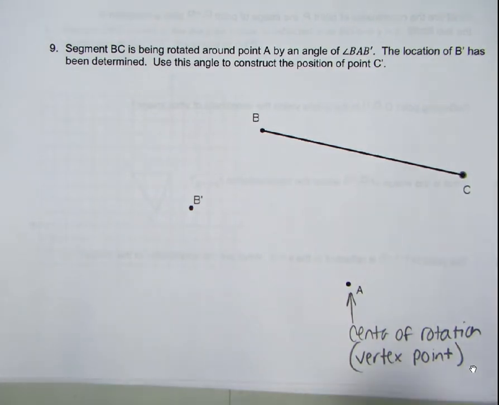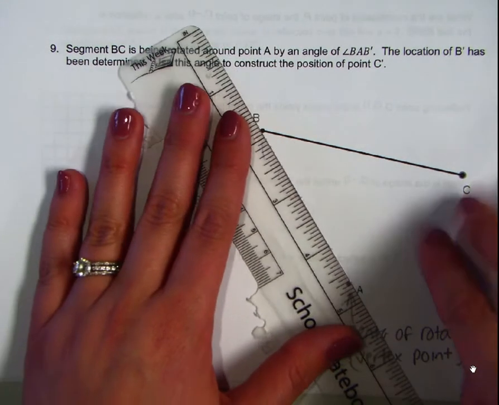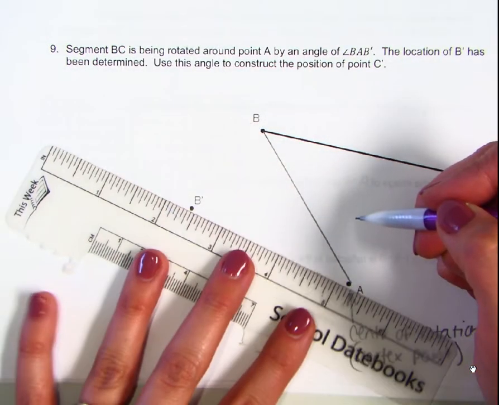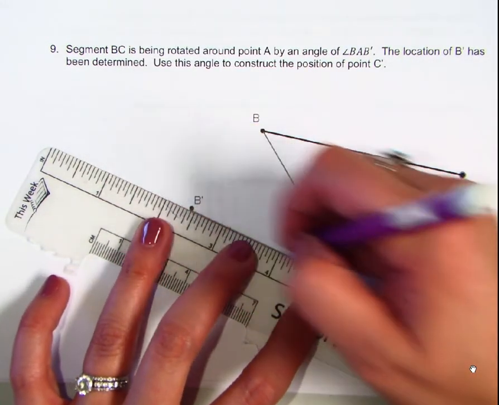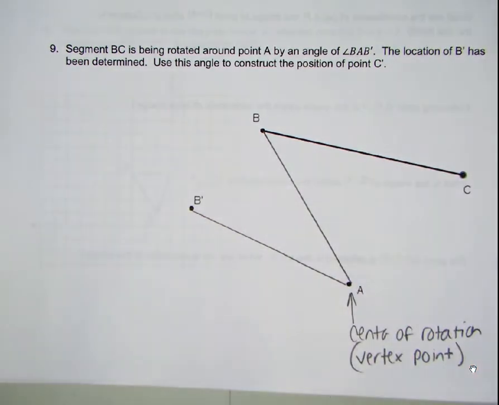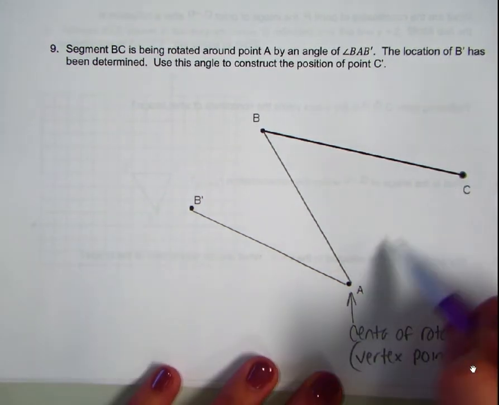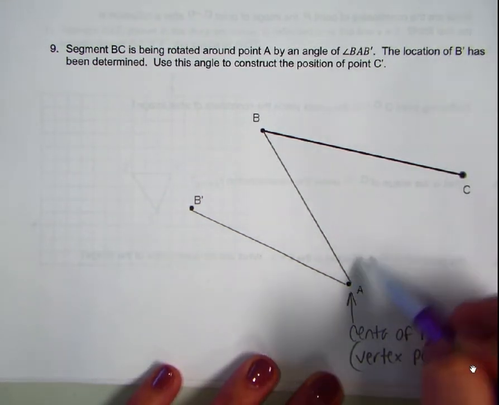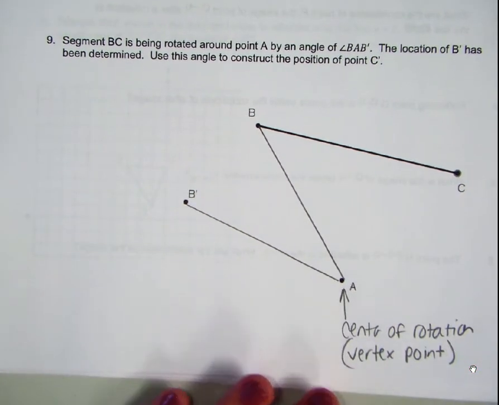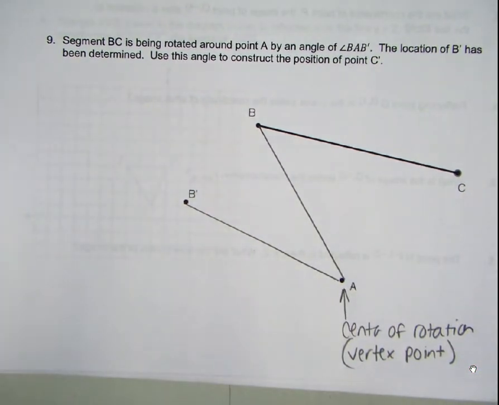Okay, so here we go. This is the angle. B is rotating around A by this angle amount. I want C to connect and rotate by the same angle. Okay, I'm actually going to do C. Let's do C in a different color.